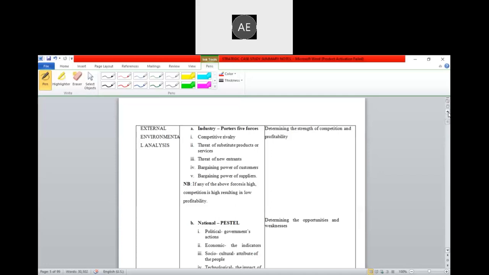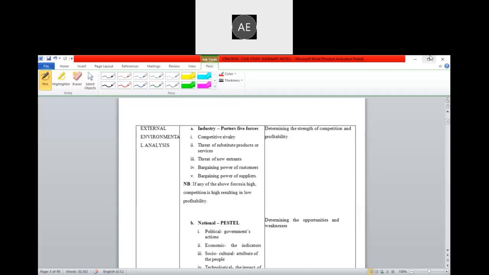Okay, so the first or the immediate environment, in other words, the micro environment, is the industry. So when you're asked to undertake micro environmental analysis, then we are talking about analyzing the industry. So basically, we have three main types or forms of external environment: the industry, the national environment, and the international environment.